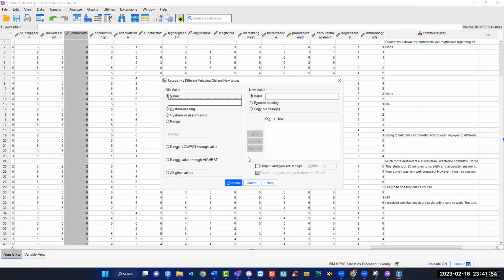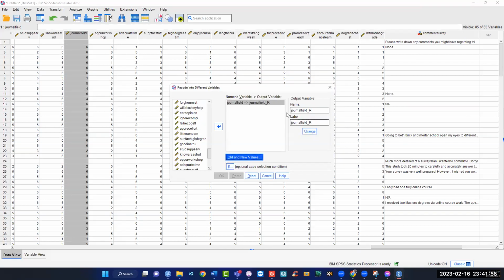Now, what we're going to do, so you see this? I'm going to change the name so that when it creates a new variable from the previous variable, I want to know where it changed the 1 to 6. That's a reverse scored item.